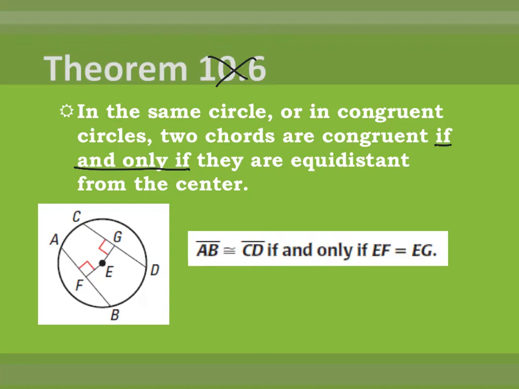So if we saw that the distances to the chords were equal, then we could show that the chords are also congruent. So we can reverse this because of the if and only if. So if this is an equal distance here, and notice the right angle indicating it's a distance, so if this is the same measurement, then that tells me that these chords are also congruent.